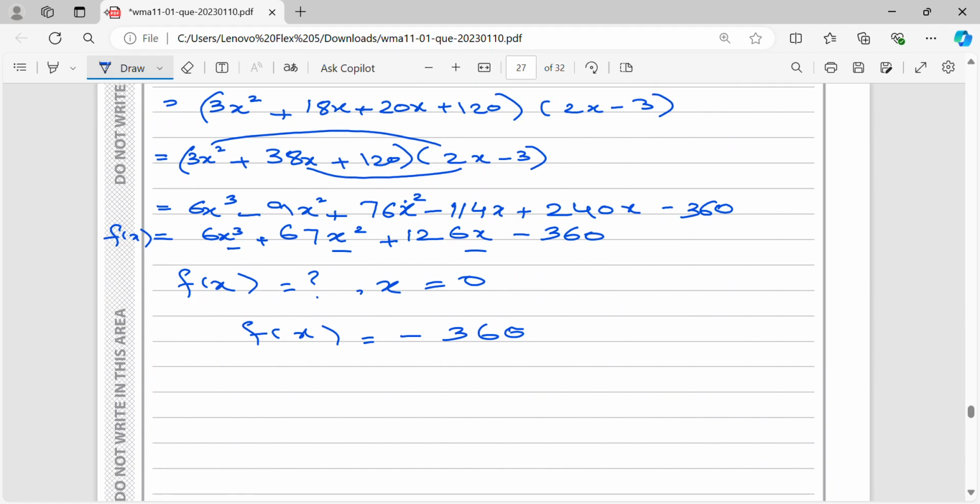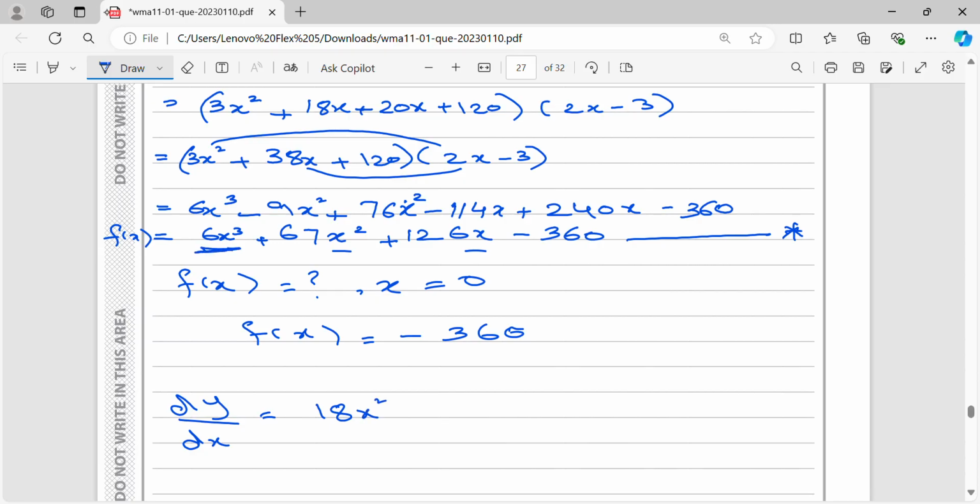So let's first solve for the gradient. As this is f of x, this is y, 6x cubed plus 67x squared plus 126x minus 360. From here, I can find the gradient function of the curve. 6x cubed gives 6 times 3, which is 18x squared, right?